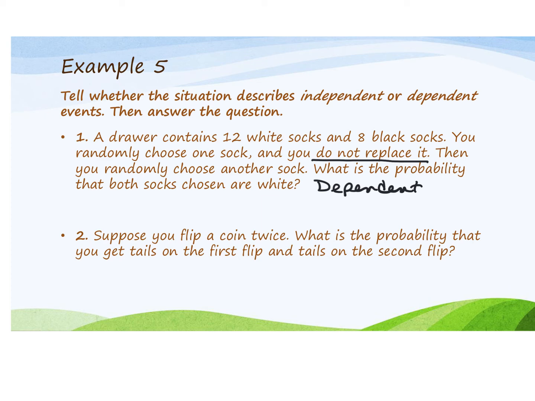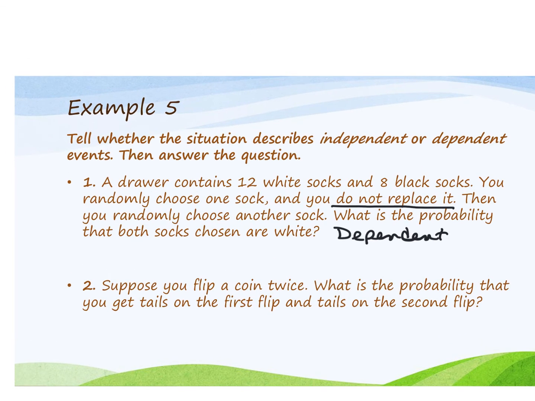So again, let's identify our events. So event A is going to be that you get the white sock on your first pick of the socks. Event B is you're going to get a white sock the second time.